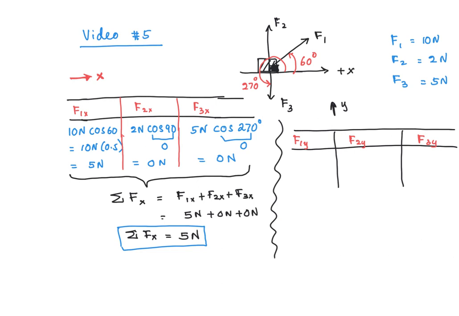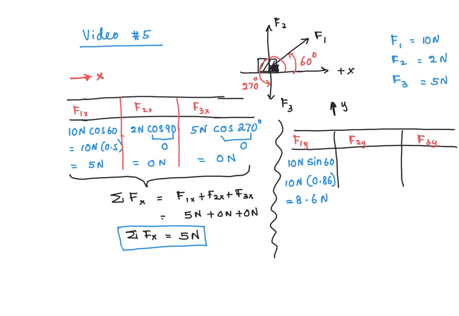Since we have everything here, all you have to do is change the cosine into sine and rewrite everything.